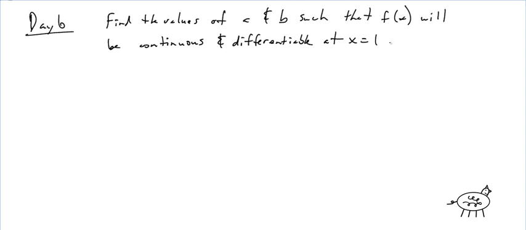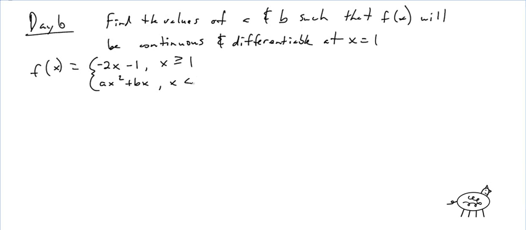And here's your function. F of x is equal to negative 2x minus 1, where x is greater than or equal to 1, and ax squared plus bx, where x is less than 1.